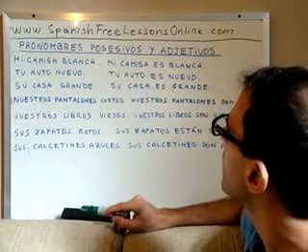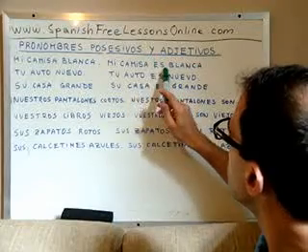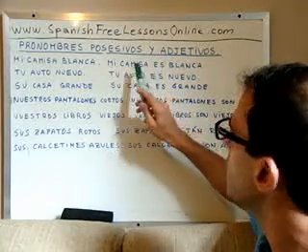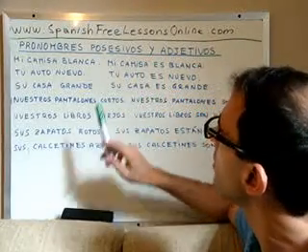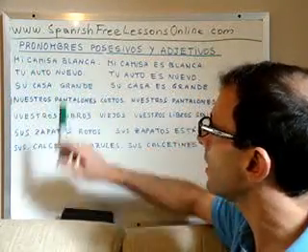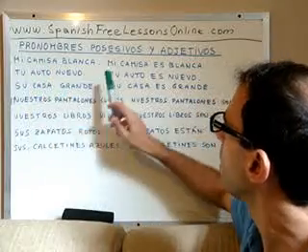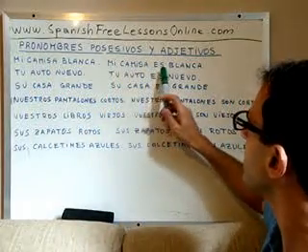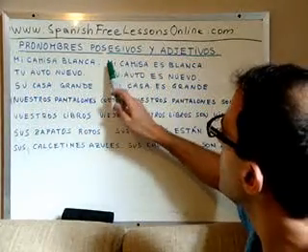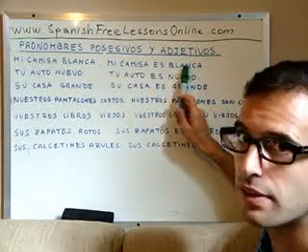So if you add the verb between the noun and the adjective, you see the difference. Mi camisa blanca, my white shirt. Mi camisa es blanca, my shirt is white.